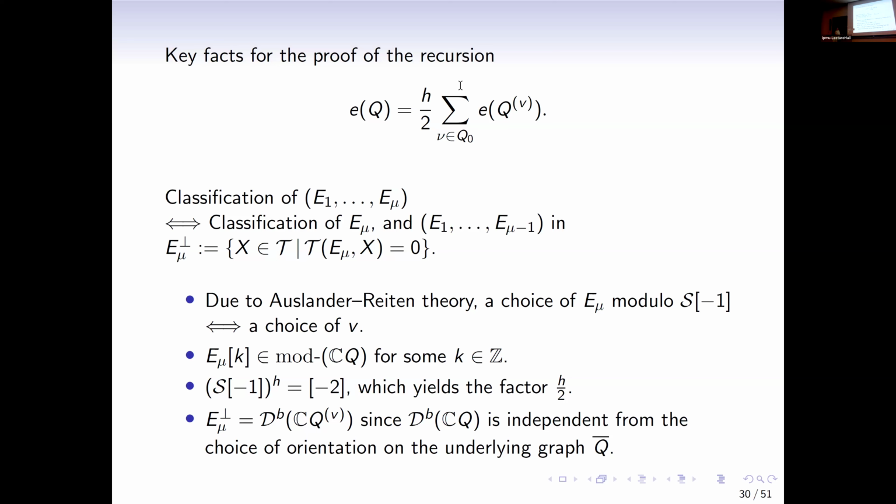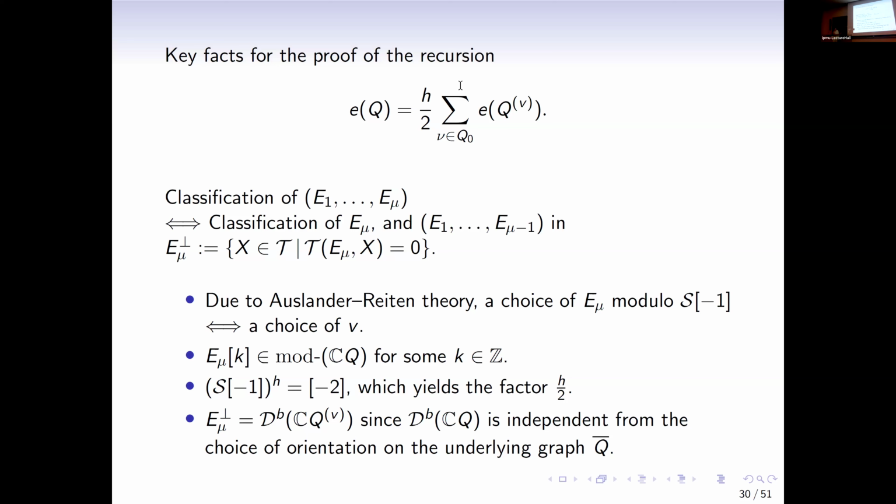And obviously, as I said, by choosing a suitable integer, this object can be considered as a module. And also, this is the important property of this Coxeter functor: the Serre functor, or the Auslander-Reiten translation, is of order h up to twice the translation.